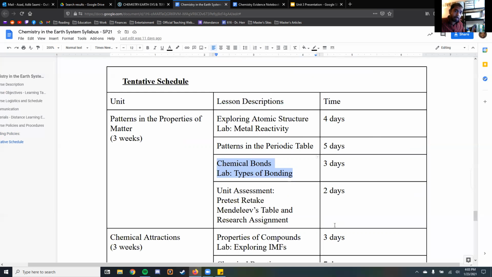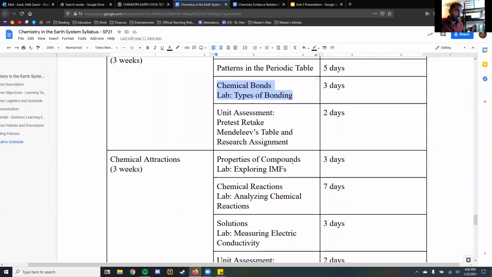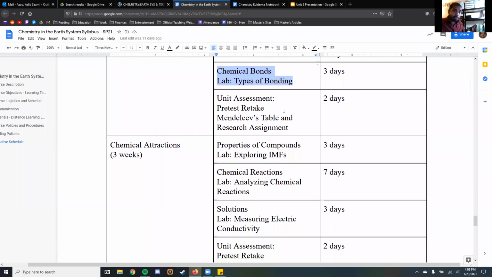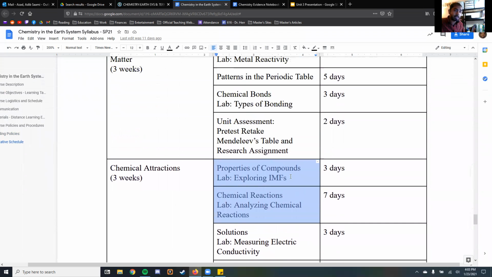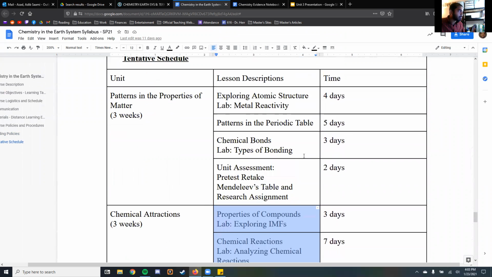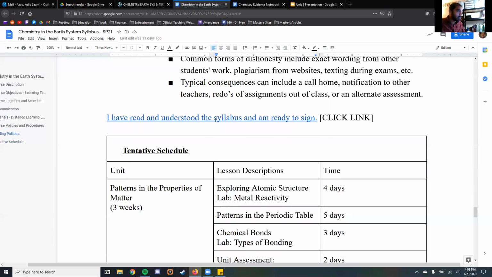So far, I am keeping on pace with this tentative schedule, and so expect the rest of it to follow through. I took your feedback into consideration, and I've chosen to do more labs, essentially one every week, more or less. But there are occasionally times where that is just not possible. But we'll try.